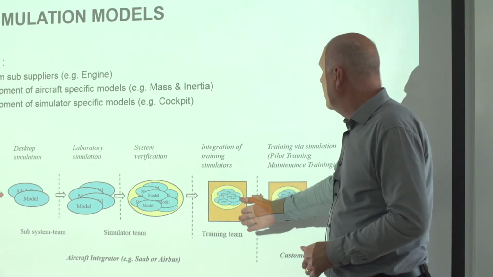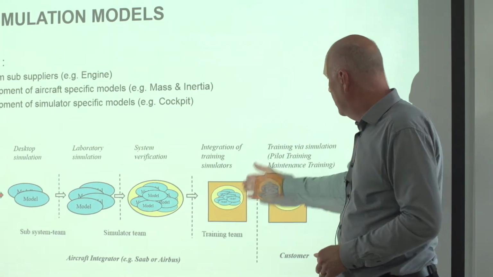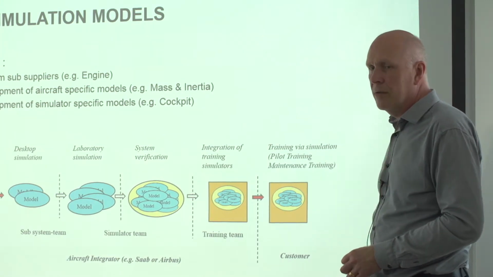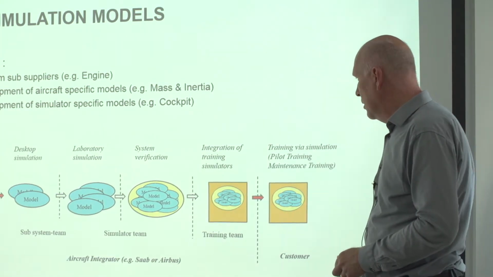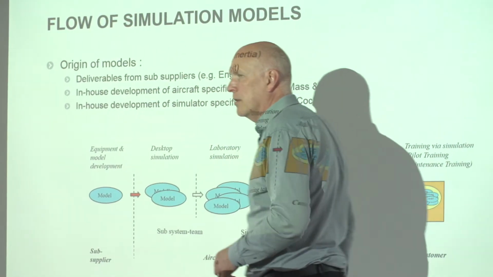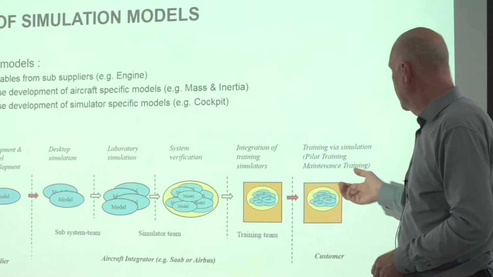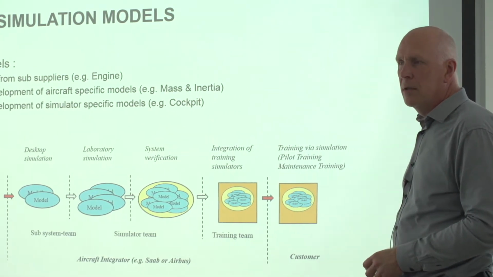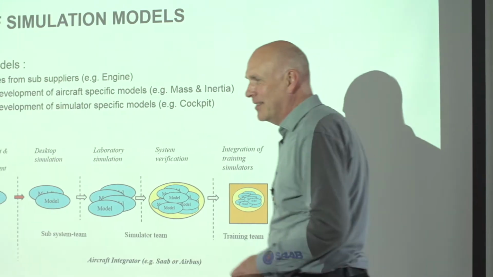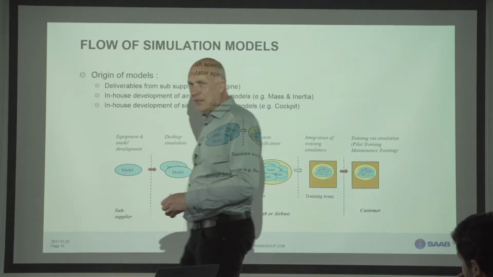And then we sell the core and integrate it in a larger training facility, training simulator to the customers. So they actually buy models from sub-suppliers and we sell the models included in the training simulator to our customers. So there is a business in model business.